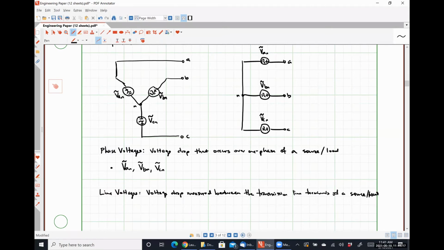So I'll do these in a different color. Okay. So for instance, we would have a line voltage of VAB here between the transmission line terminals A and B for this set. On this guy, it's going to look like this. We would also have a voltage VBC, and we could also have a voltage VCA.